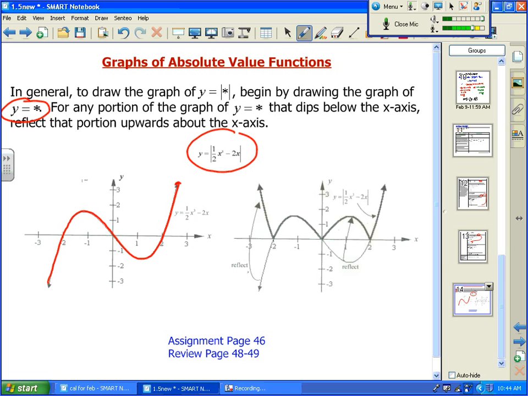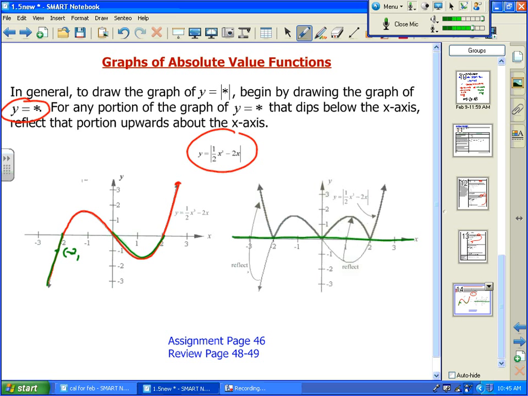Now, if I were to graph the absolute value, I'd simply take the parts that are below the x-axis, which are going to be in green here, and I reflect them along the x-axis.